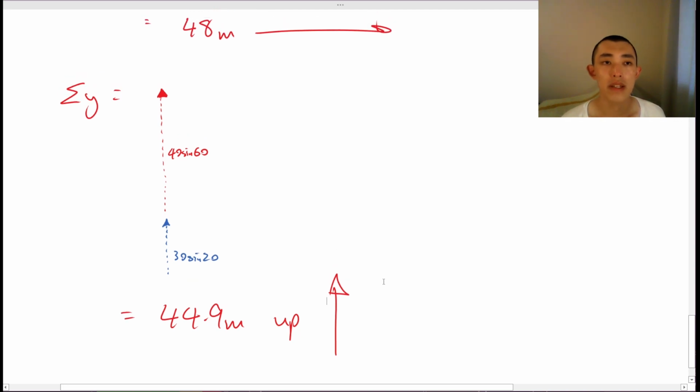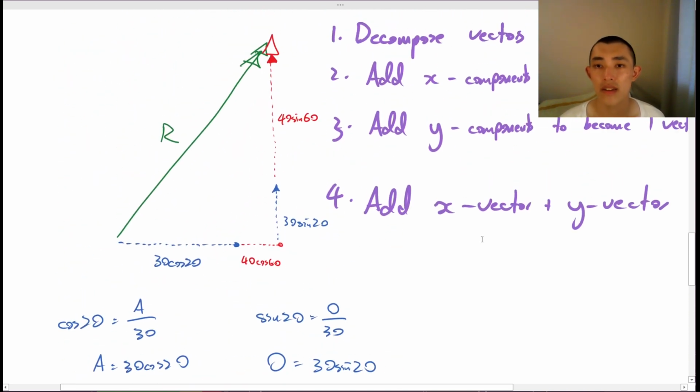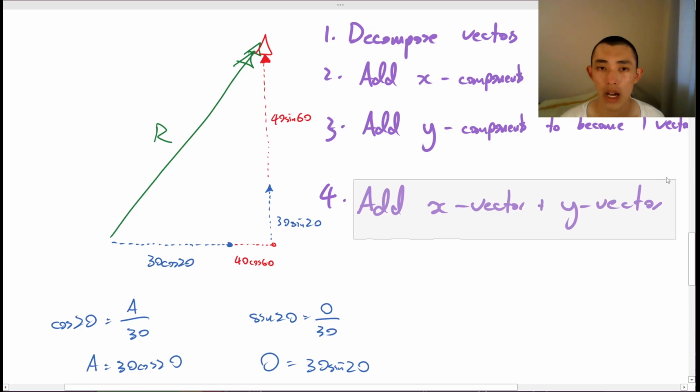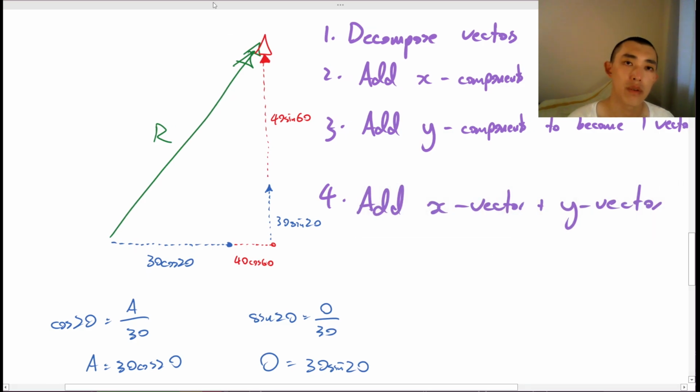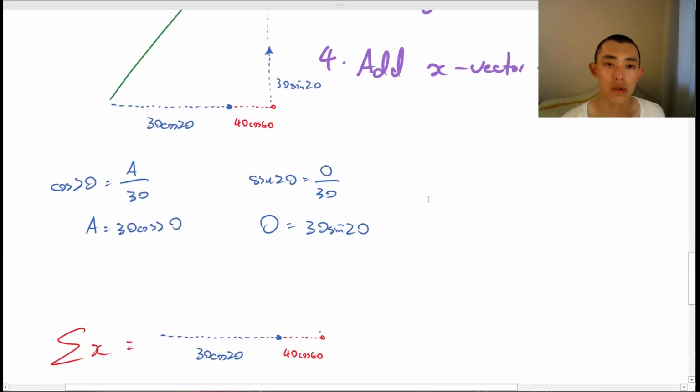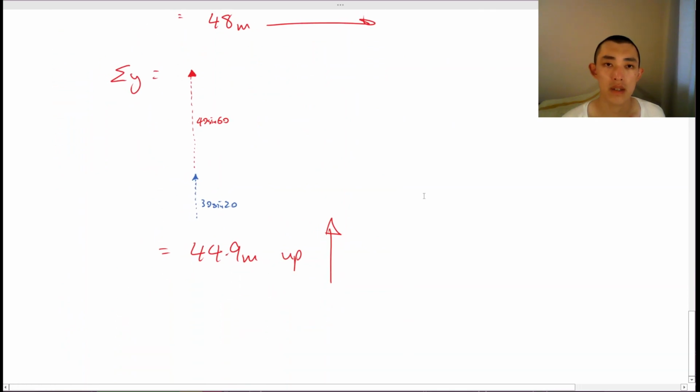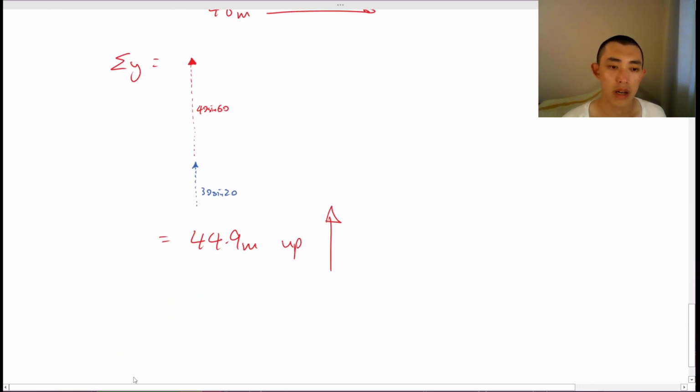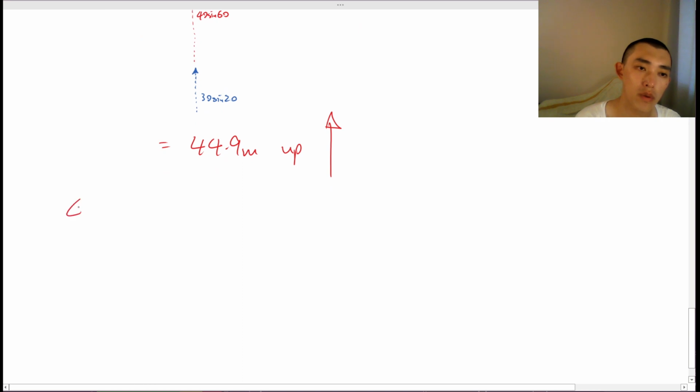So now that we know this, now we simply add together, step 4, we add the x and the y vector together, right? So if you imagine, what we are going to do is we've replaced these components with step 4, add x, y components. So I'm going to add together the x and the y components.